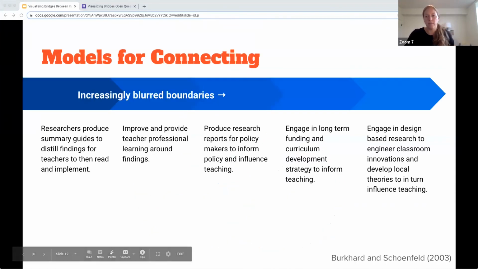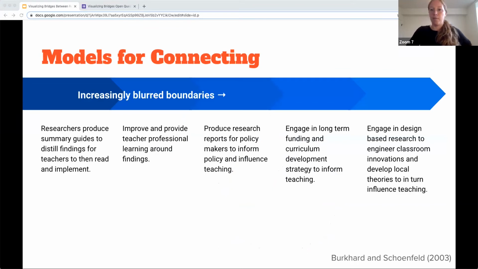So there's also some models that have been kind of explored in the research. And these models, as they move along, are increasingly blurred boundaries. And so the models for connecting, the first one is kind of the status quo, where researchers publish and teachers read and implement on their own.